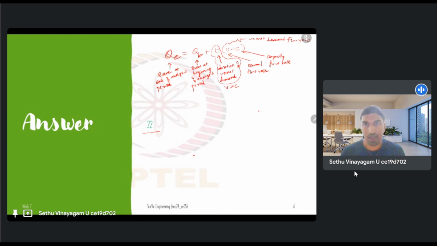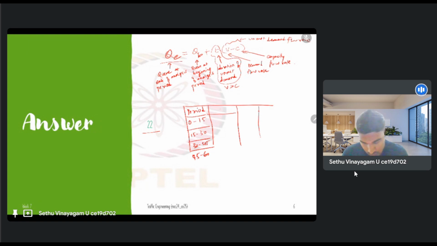The unmet demand basically joins whatever Q was there at the beginning of the analysis period, so the sum of those two gives you the Q at the end of the analysis period. We have to do this for each period separately and then sum them up. We have four periods: 0 to 15, 15 to 30, 30 to 45, and 45 to 60.